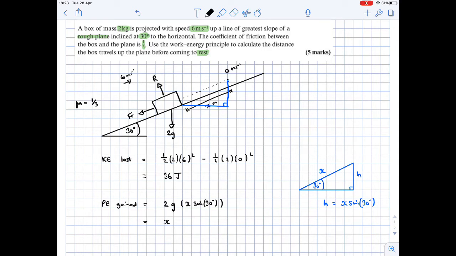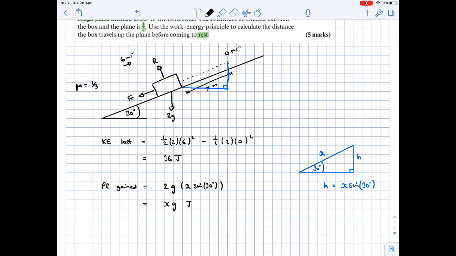Half times 2 is 1. So we end up with xg joules. I'm going to leave my gravity constant in there. And in this case, we're taking gravity to be 9.8 meters per second squared.